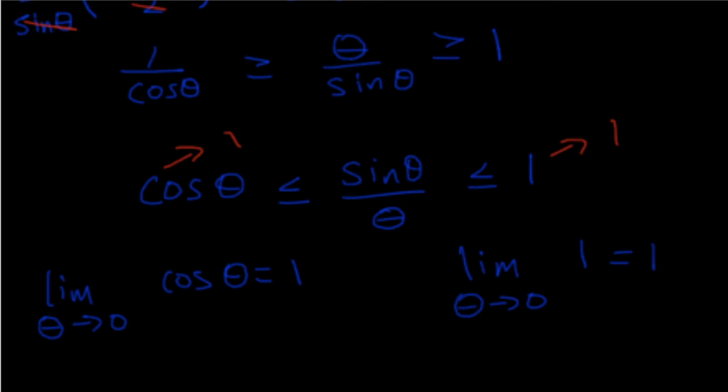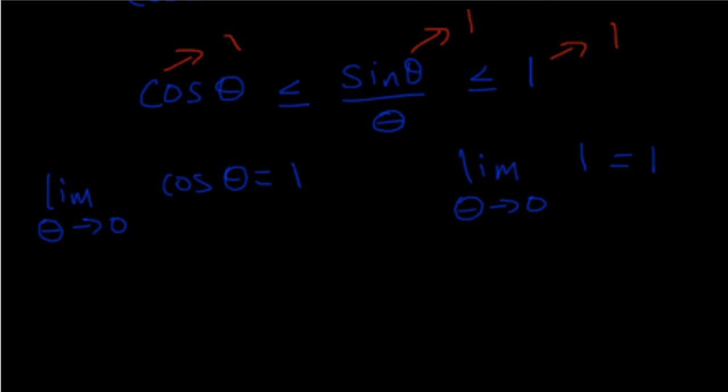So by the squeeze theorem, sine theta over theta has to approach 1 as theta approaches 0. So we say that the limit as theta approaches 0 of sine theta over theta is equal to 1. And that concludes our proof.